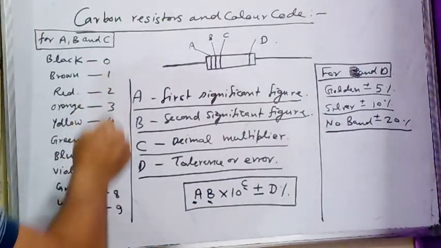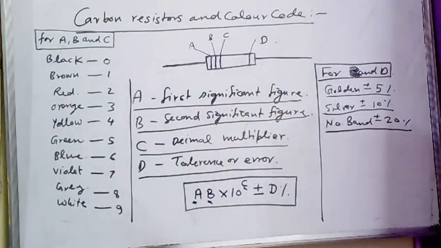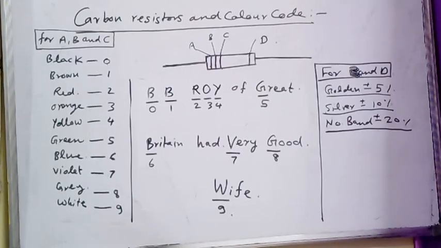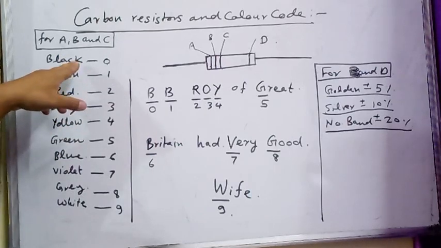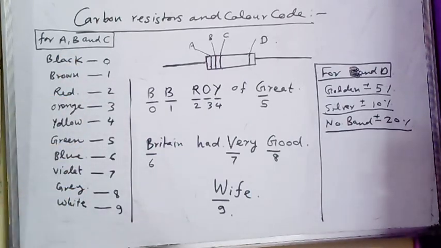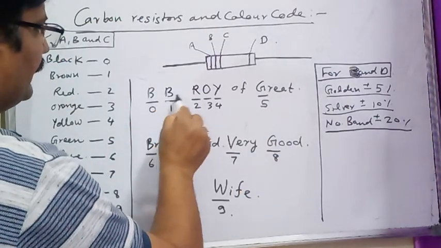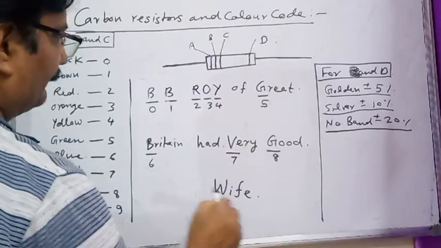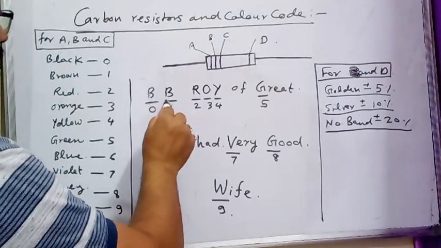How to remember these color codes? To remember the values of the color bands for the first three rings, we can remember this sentence: B.B. Roy of Great Britain had very good white. First B is for black, its value is 0.